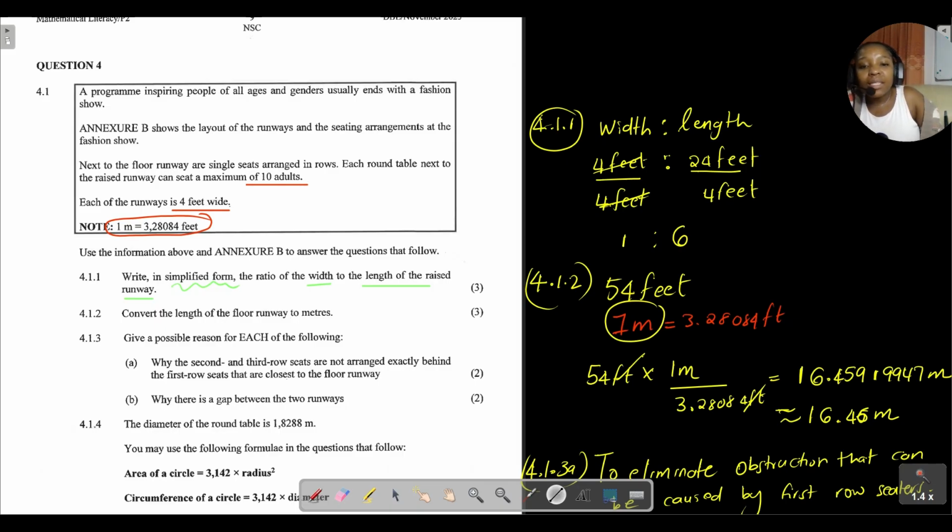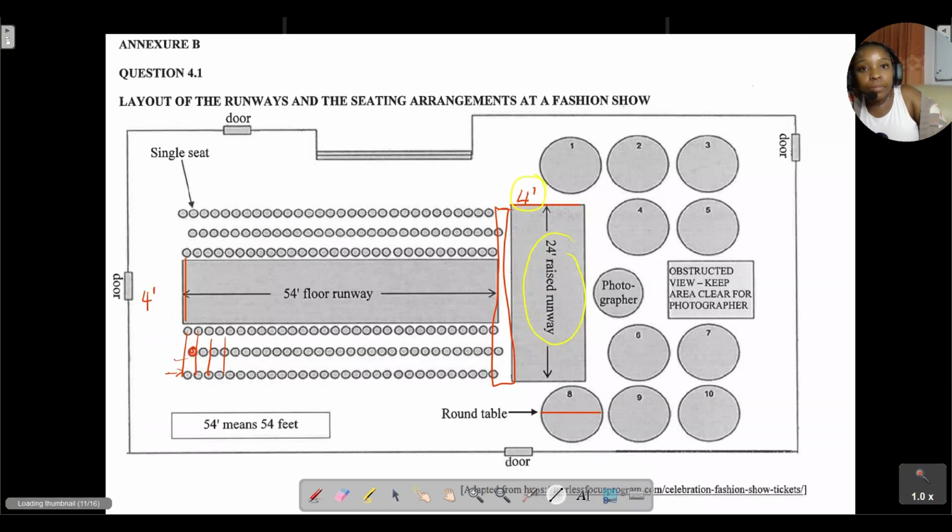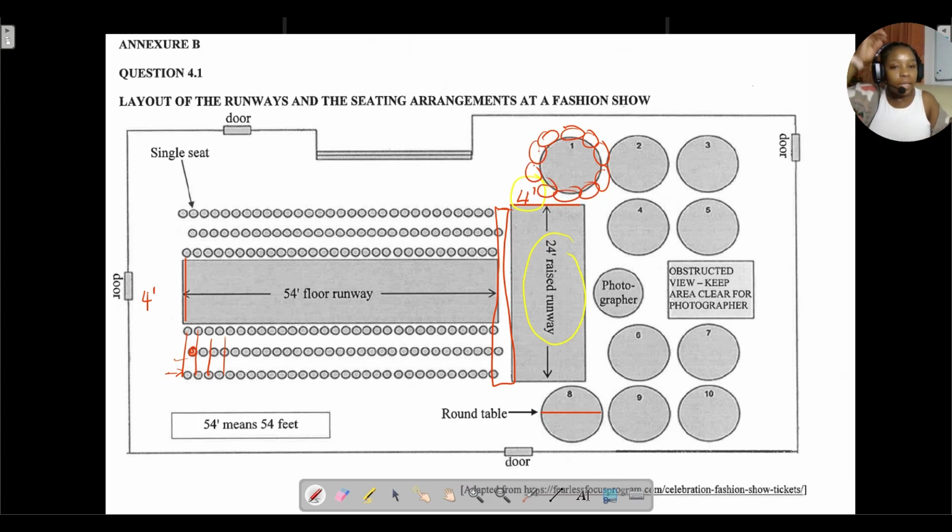So let's just try to visualize. You can have 1, 2, 3, 4, 5, 6, 7, 8, 9, 10. That's what it means.